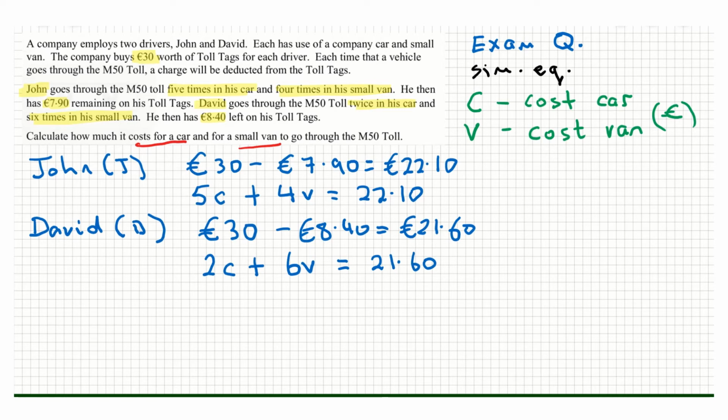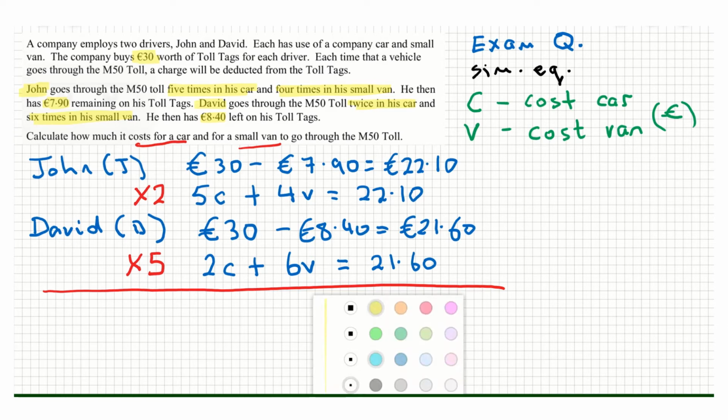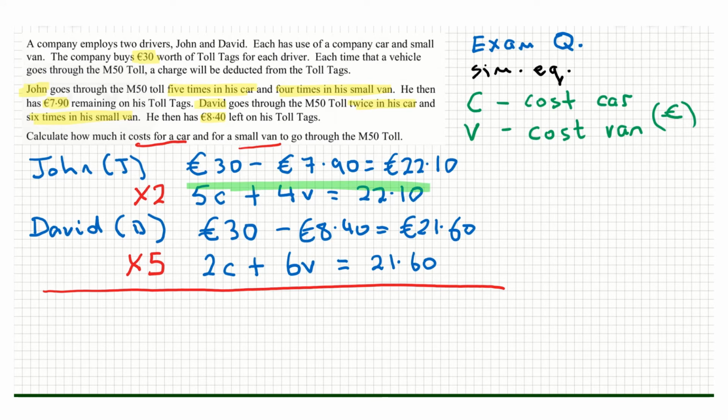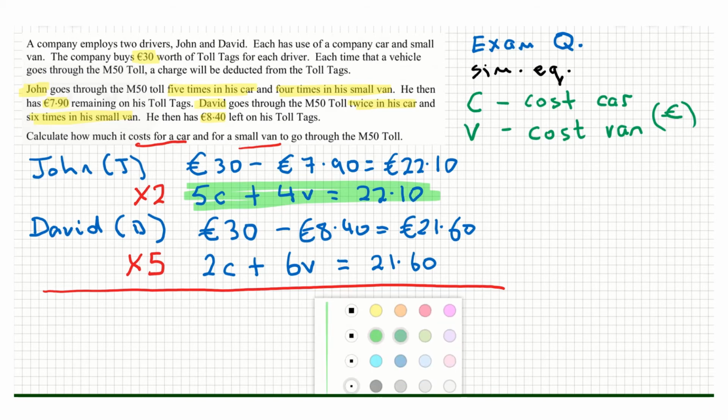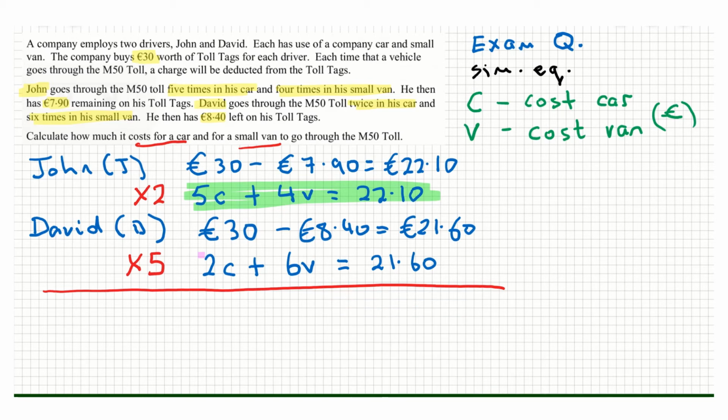What we need to do is we need to align either the van or the car. So I'm going to multiply John's numbers by 2 and David's numbers by 5. So you'll see if I multiply John's numbers by 2, it'll bring the car to 10, and if I multiply David's numbers by 5, it'll bring the car to 10.